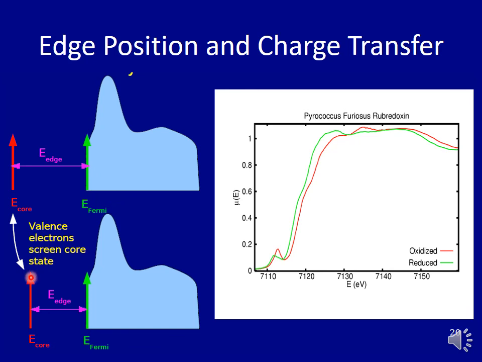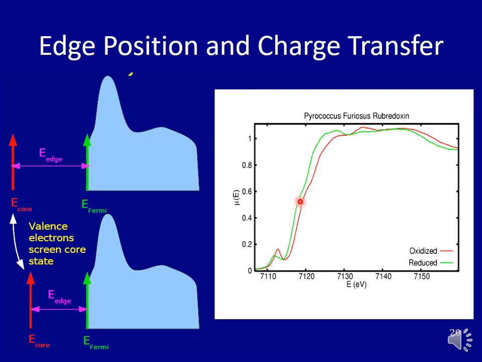On the other hand, as you transfer electrons to the system, they screen the core hole, and if you have more screening of the core hole, then this causes the energy of the core hole to shift upward, and therefore the edge, which is the difference between the Fermi level energy and the core energy, will shift downwards.